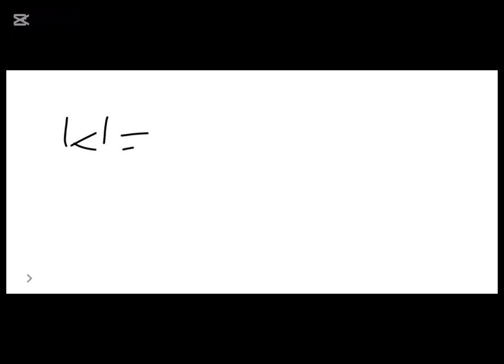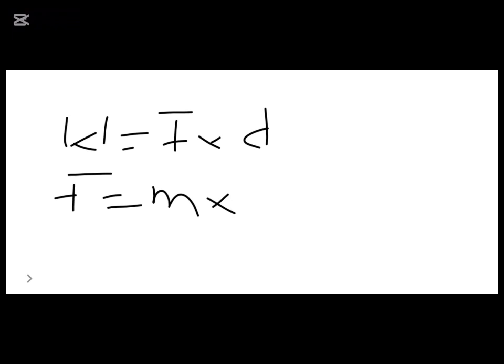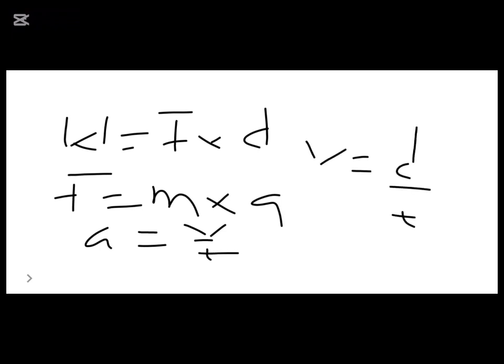Work is equal to the force times the distance, force is equal to mass times acceleration, acceleration is equal to velocity over the time taken, and velocity is equal to distance over time taken. So these derived quantities are made up of basic quantities. That's the reason we say that a derived quantity consists of two or more basic quantities.